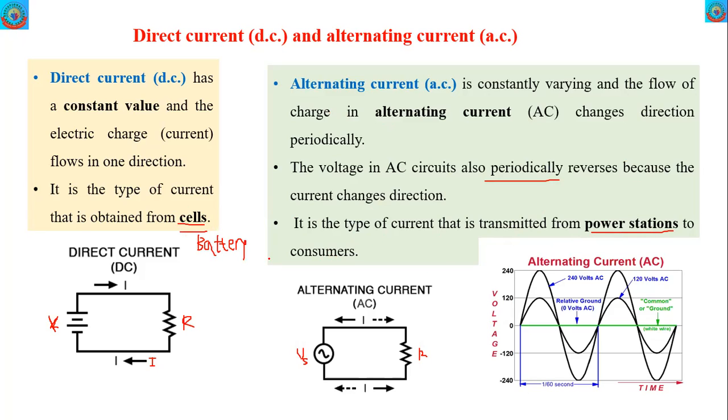A number of techniques are there to convert this to an appropriate current for the consumer, which we will discuss later. Okay, so this is the symbol for alternating current and this is the principle by which alternating current goes. Voltage goes positive, then negative, and like that within one period of time.